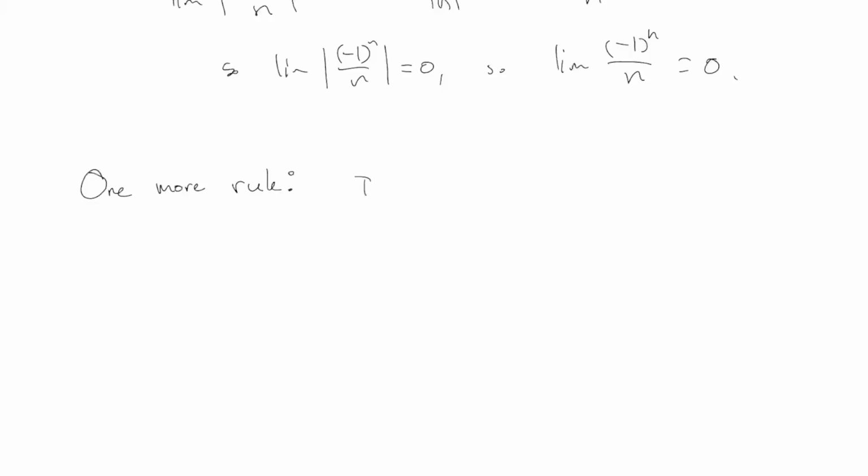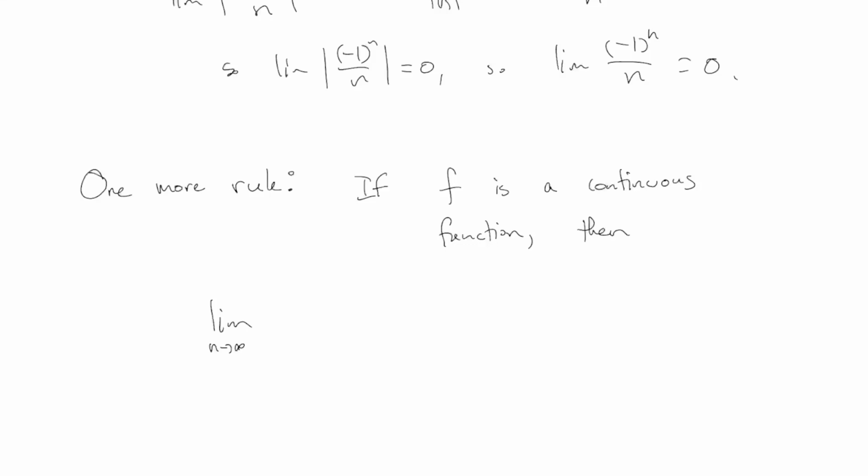It is, if f is a continuous function, this is a little weird to be talking about continuous functions in the context of sequences because, as I've said, a sequence doesn't really have continuous values. It just has individual sort of dots on the graph. But anyway, if f as a function is a continuous function, then here's one last rule about limits.